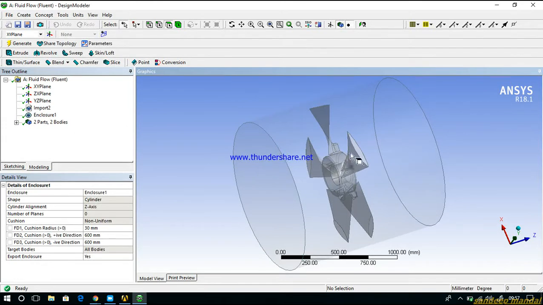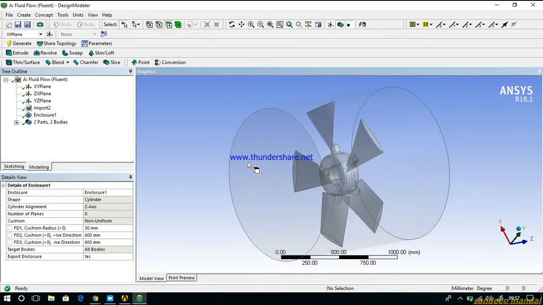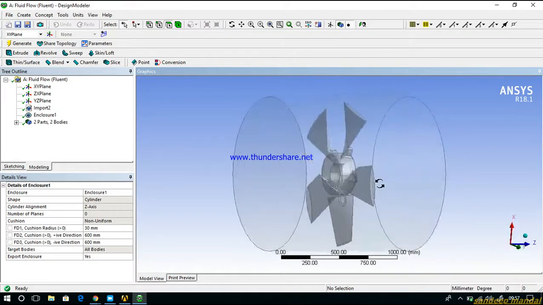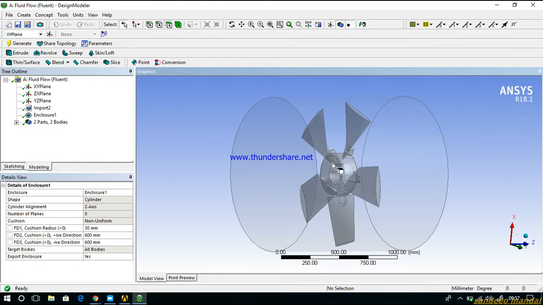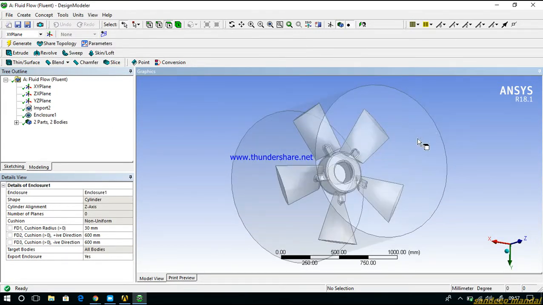The second method is to fix this fan here and apply an inlet velocity or mass flow rate in kg per second or meter per second, where the air that we would get from rotation, we apply only in terms of mass flow rate or meter per second from the inlet domain, and it comes out from the outlet domain.